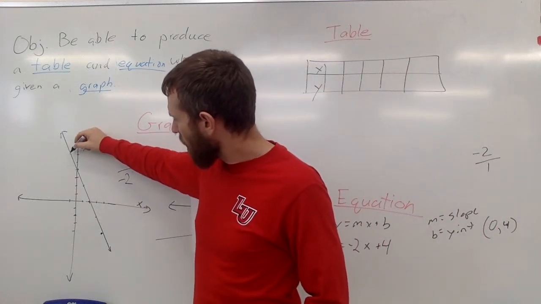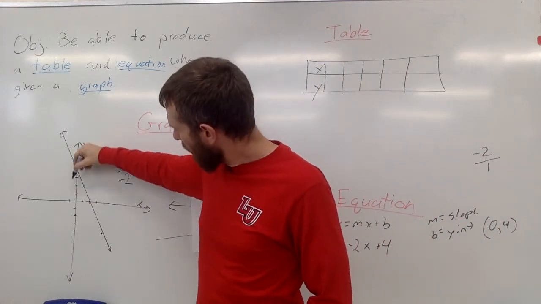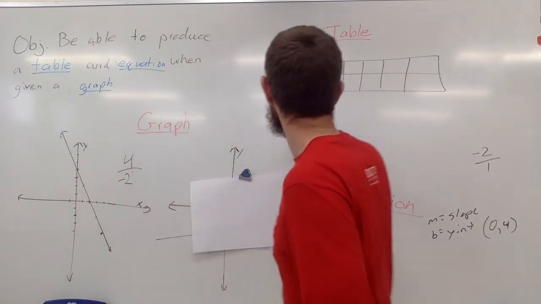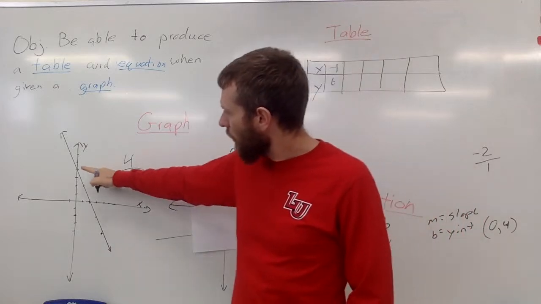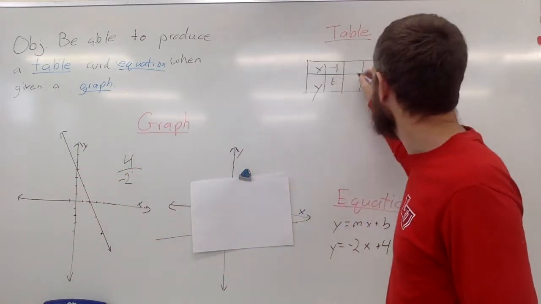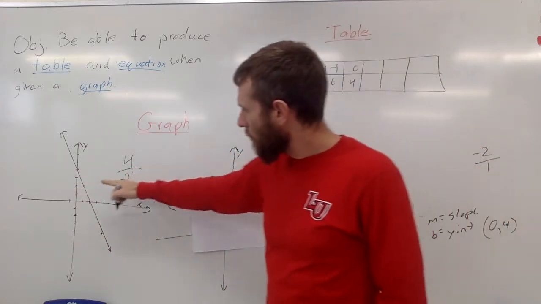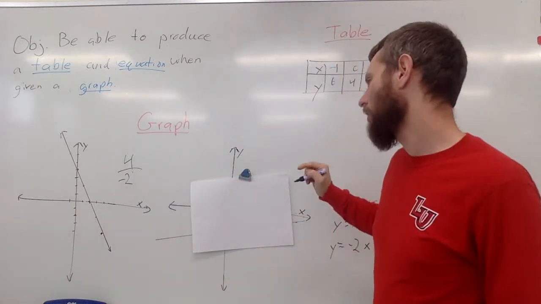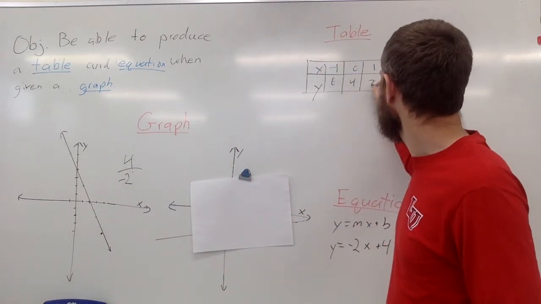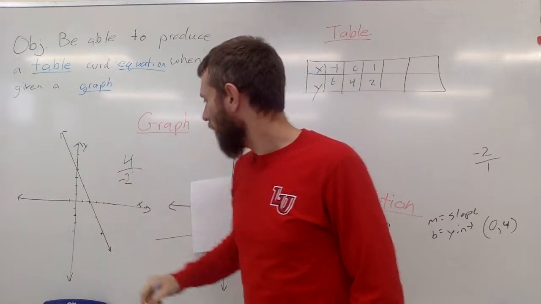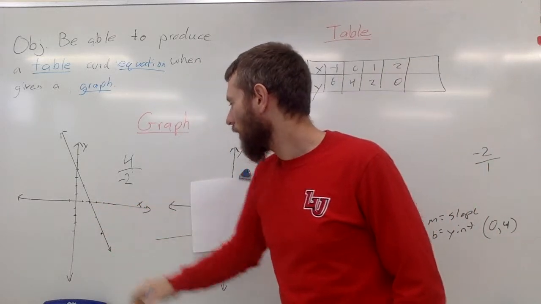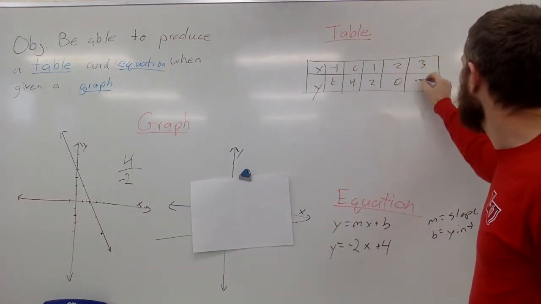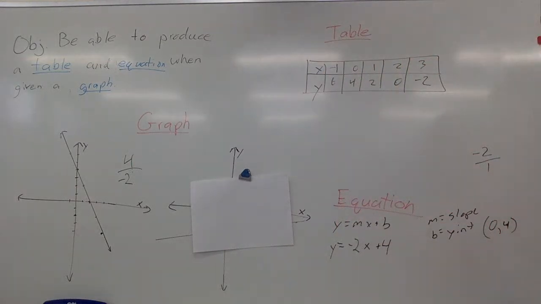This point is (-1, 6). That's one point on my line. This point is (0, 4). This point is (1, 2). I have (2, 0). And just for fun, I have (3, -2).